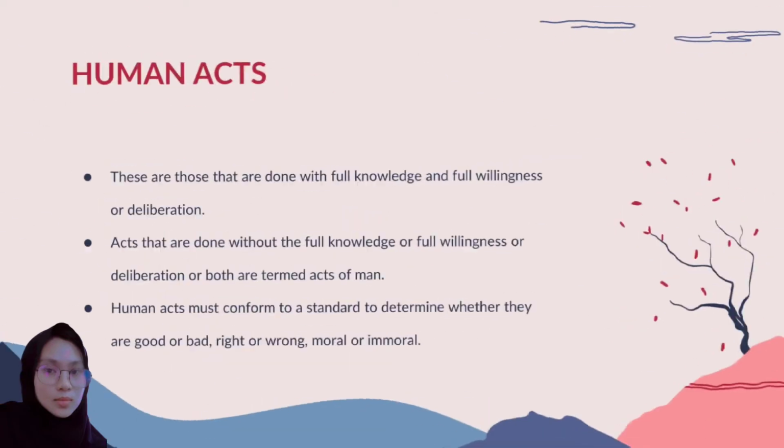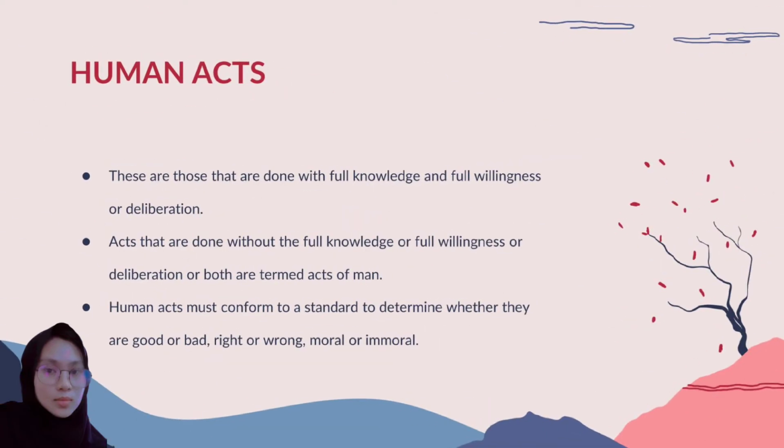And next, the human act. These are acts done with full knowledge and full willingness or deliberation. Acts done without full knowledge or full willingness or deliberation, or both, are termed acts of man. Human acts must conform to a standard to determine whether they are good or bad, right or wrong, moral or immoral.